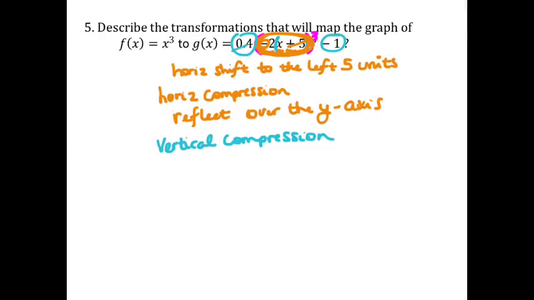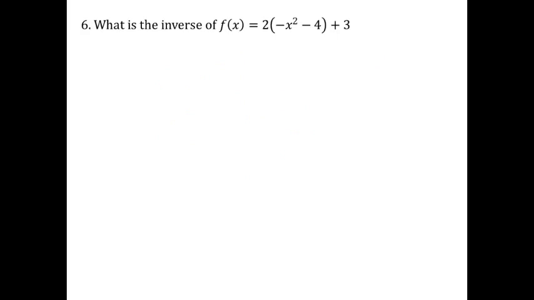Finally, the minus 1, we've got a vertical shift down 1. So we had a lot of transformations there in that one function, and we've got descriptions here of each of them. Let's look at one more question in this video.